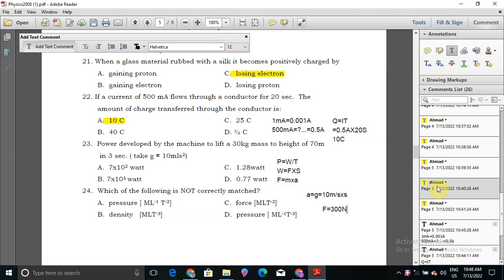Okay, now after finding the force, we'll find the distance. Already we have the distance, right, which is 70 meters. And for work, the formula for work is equal to force times distance, which is 300 Newton times what? Times distance, which is 70 meters.